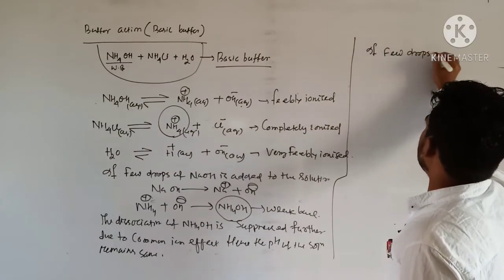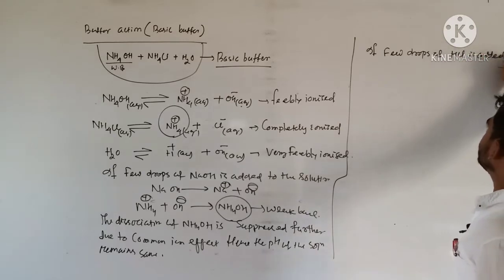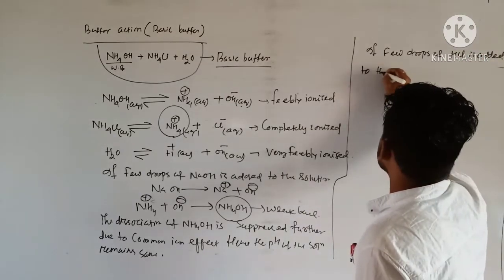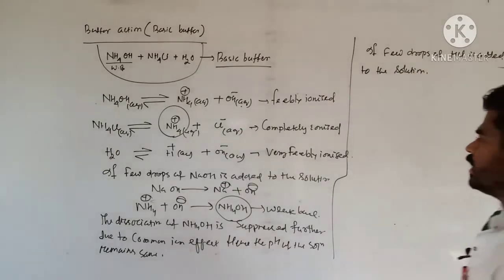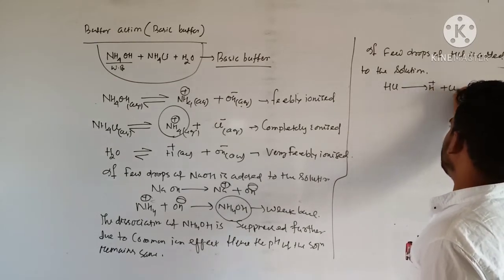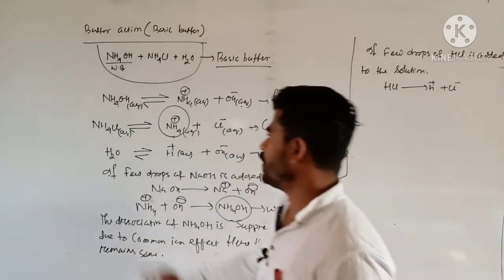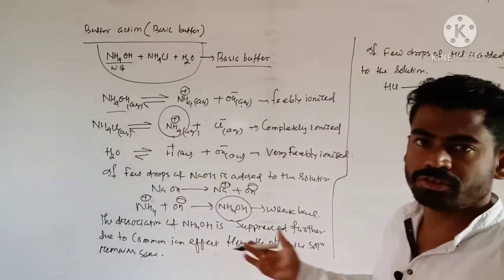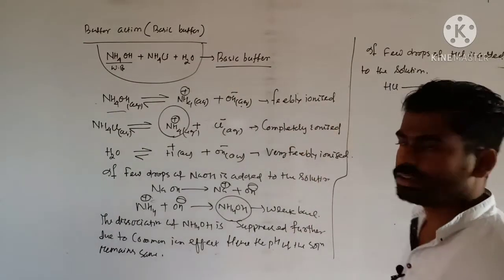Further, if you add a few drops of HCl to the solution, then what happens? HCl will give you H plus and Cl minus. Now H plus combines with which one? The weak component NH4OH, because it is also present in the solution because of its feebly ionized nature.